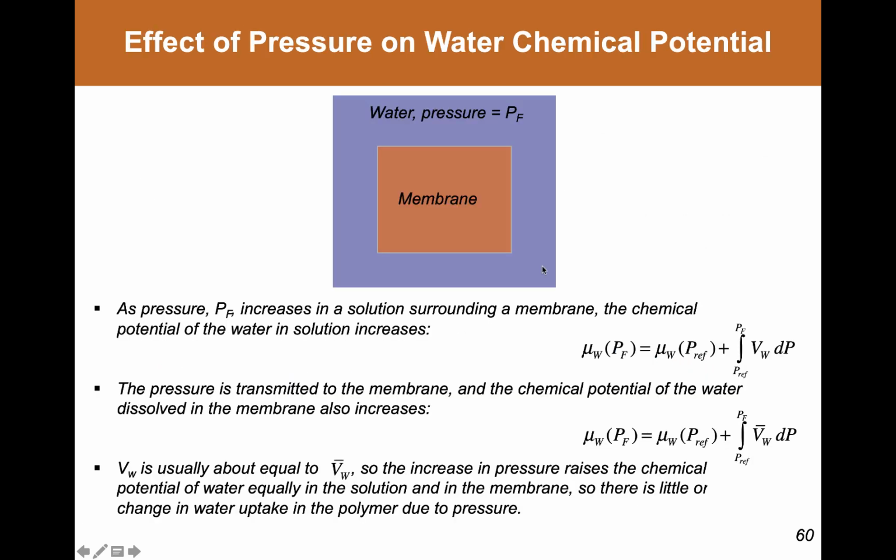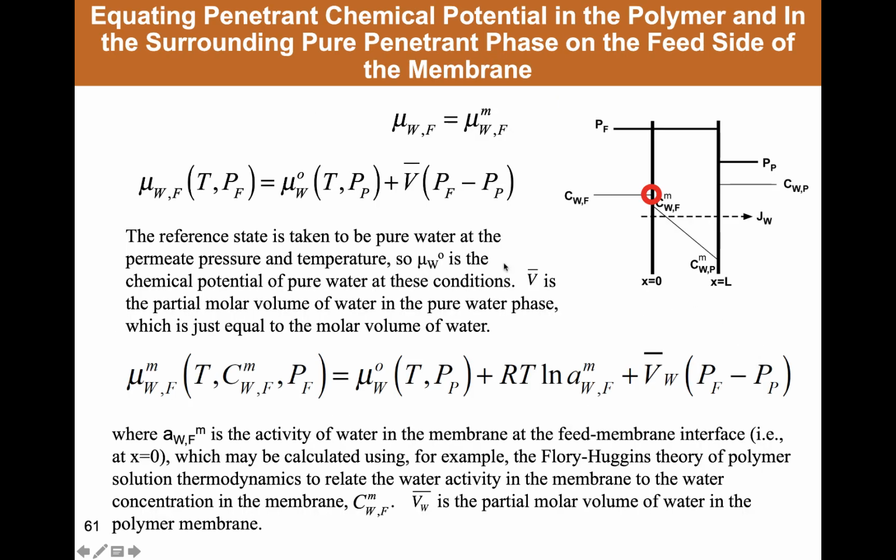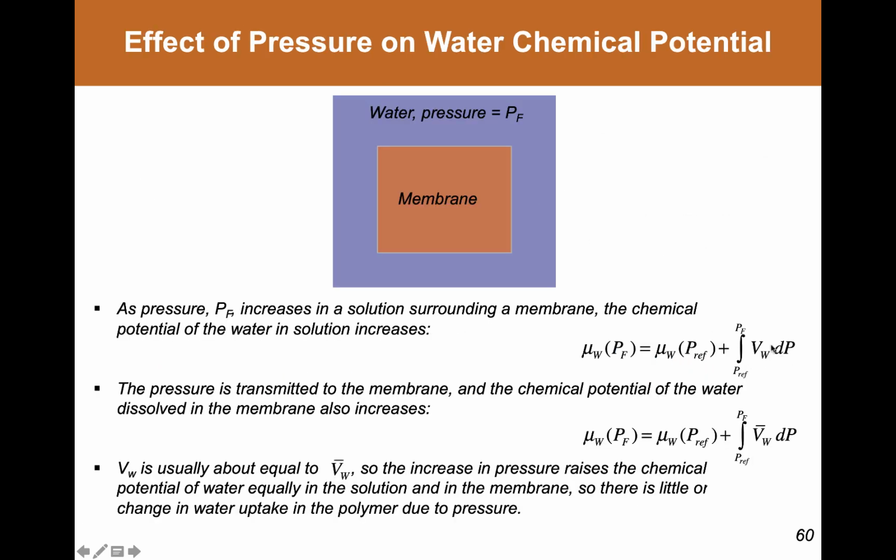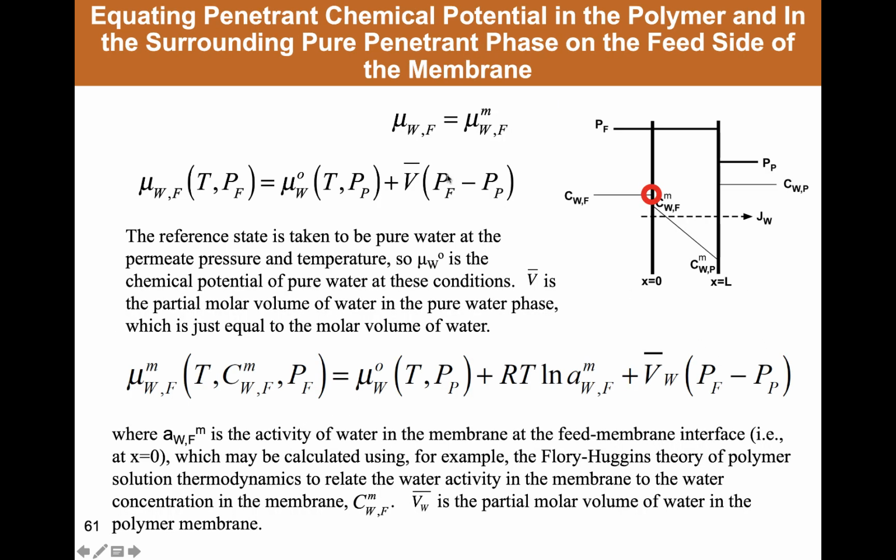I'm sorry, I've called that VW here. The molar volume of water times the pressure difference. Now, in reaching this expression, we've started from this one, and we've assumed that the molar volume is independent of pressure, so it comes outside the integration, and you get directly to this expression.